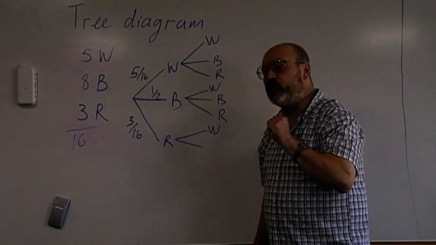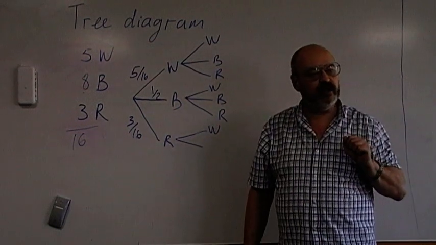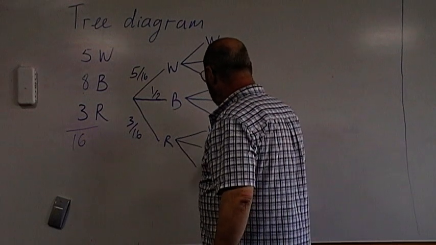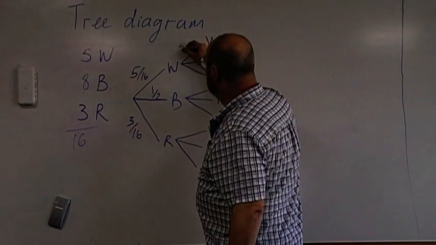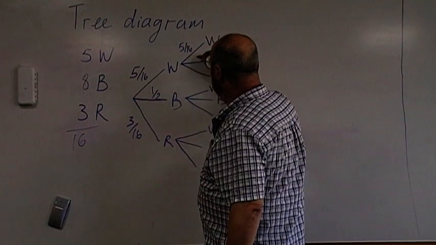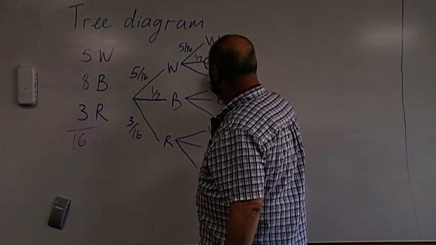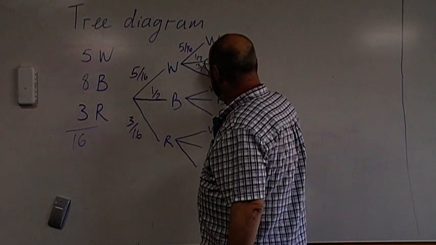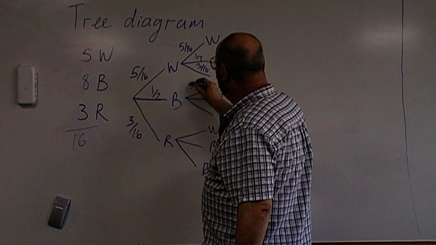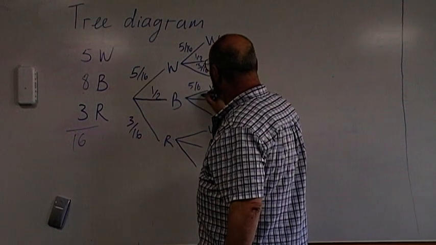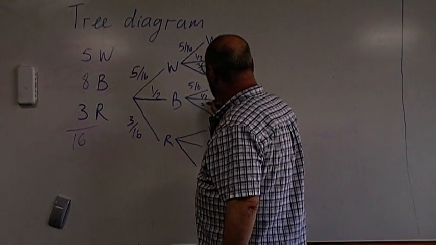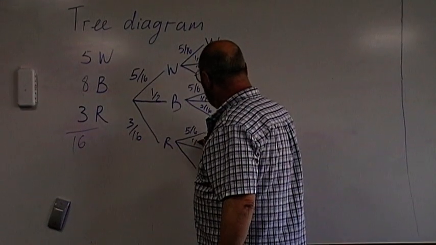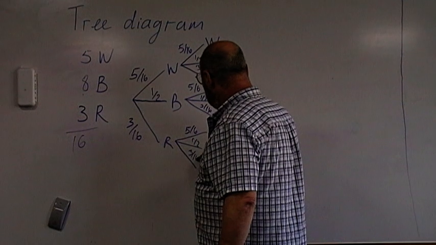If you do not put it back, the probabilities will change, it's out of 15. So we have the same probabilities: white 5 out of 16, black 1/2, red 3 out of 16.